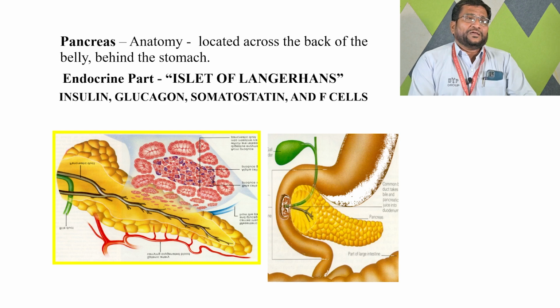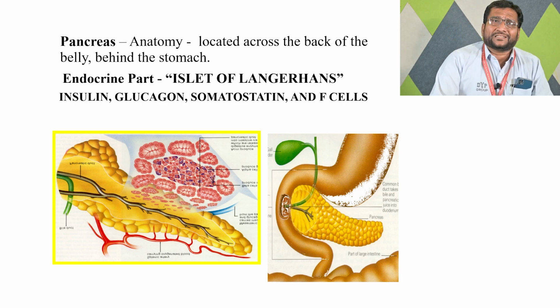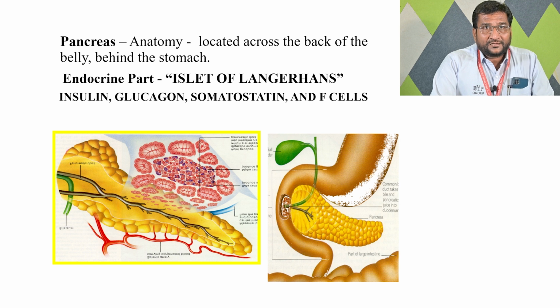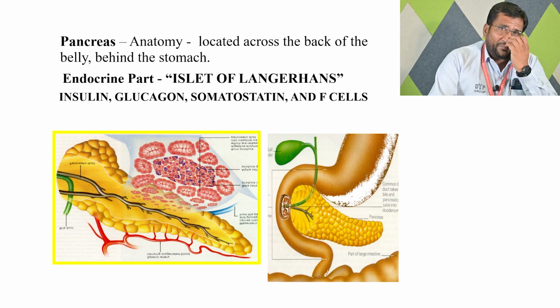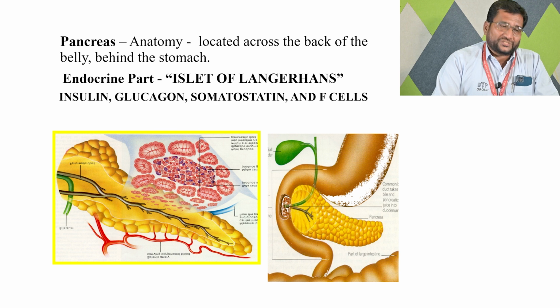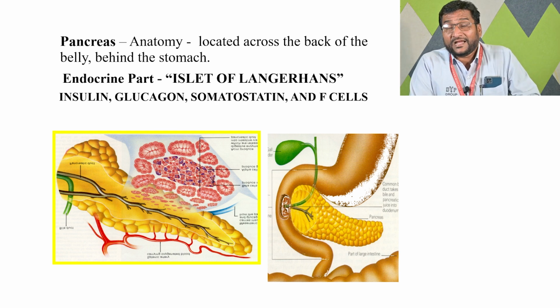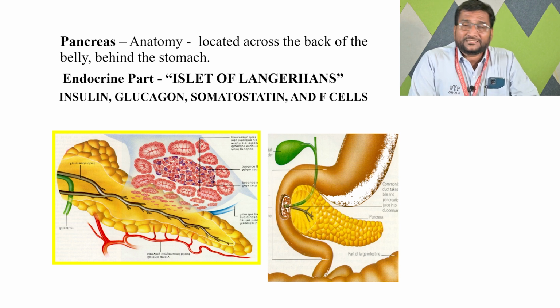Before going into detail about the pathophysiology of diabetes mellitus, in short, I would like to explain the pancreas. As far as its anatomy is concerned, it is located across the back of the belly, behind the stomach. It is the only organ in our body considered a heterocrine gland, so it is both an endocrine as well as an exocrine gland.